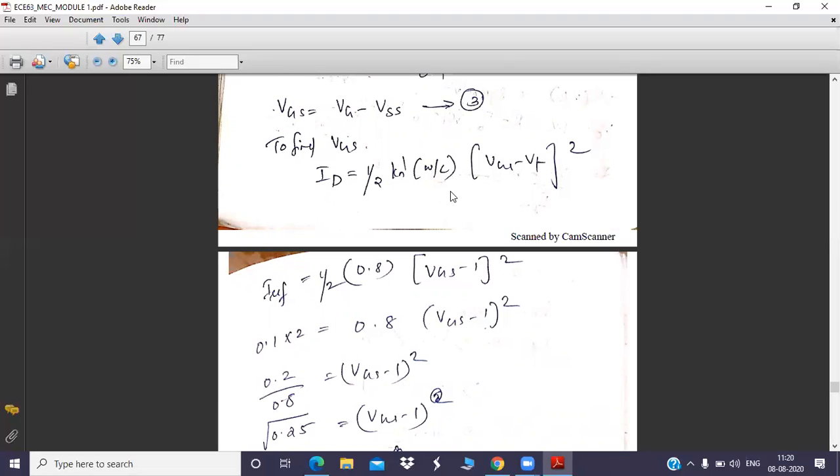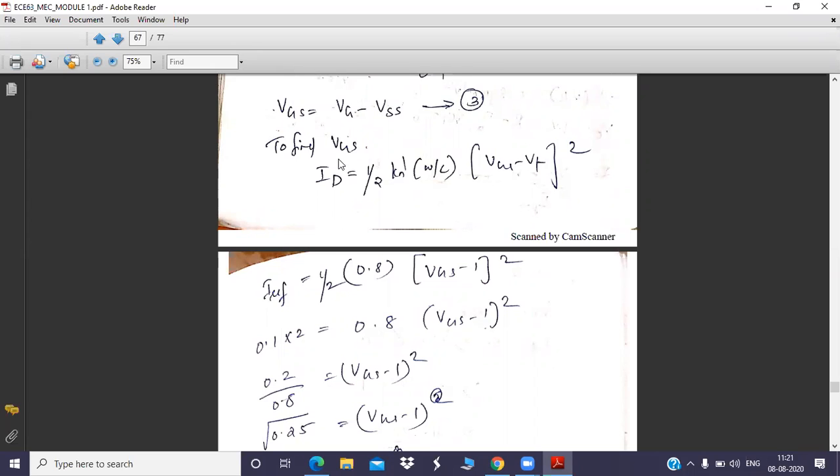This equation corresponds to which region, triode or saturation? Basically, you have two equations, and you have to take the equation with respect to the given condition. In the question, what is the condition? As far as the question is concerned, the MOSFET is working in saturation. So you have taken the saturation equation and substituted all the parameters.